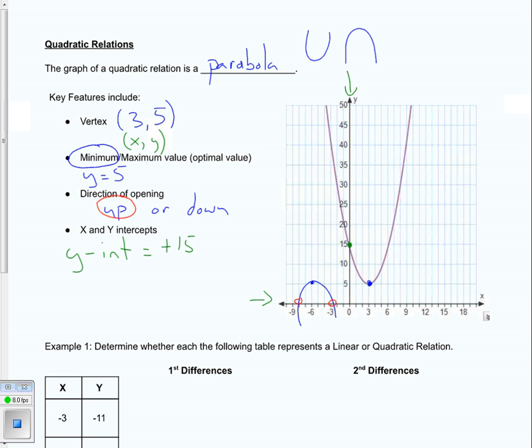However, for the parabola that we have here in purple, there is no x-intercept at all. The x-intercept is nil. It doesn't exist. But as we go through the next couple of units, you will see x-intercepts quite frequently.